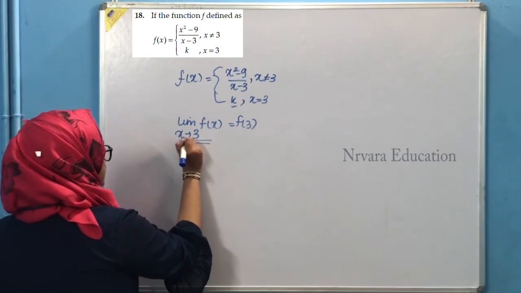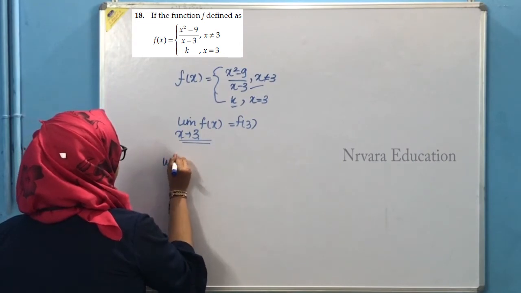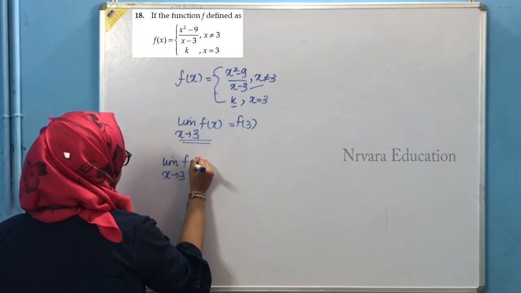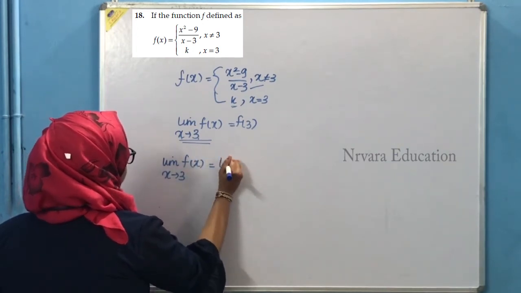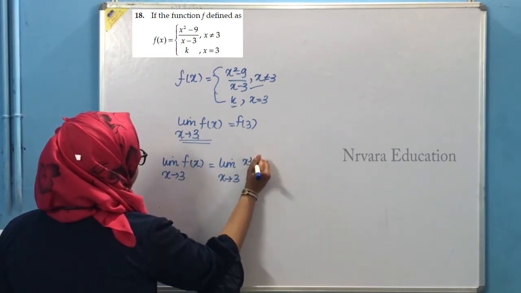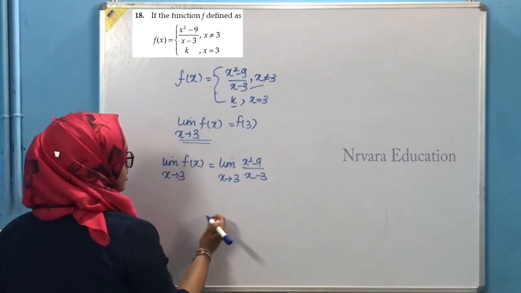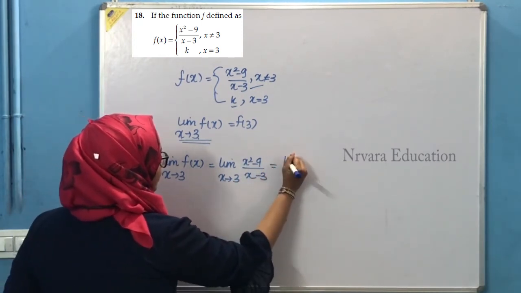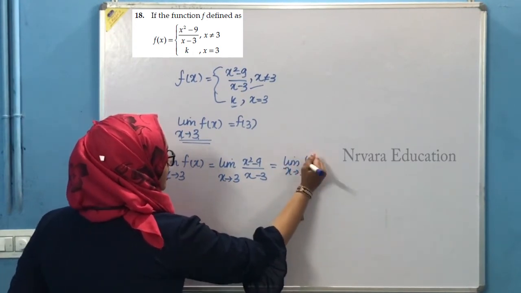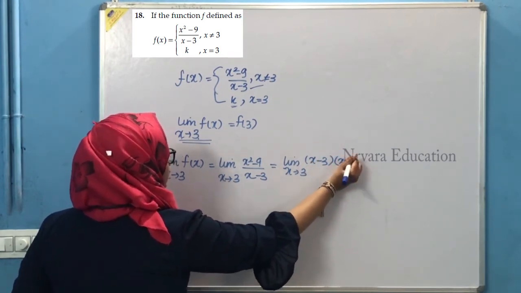So limit x tending to 3 of x square minus 9 by x minus 3. Further simplifying it, we'll get limit x tending to 3 x minus 3 into x plus 3.